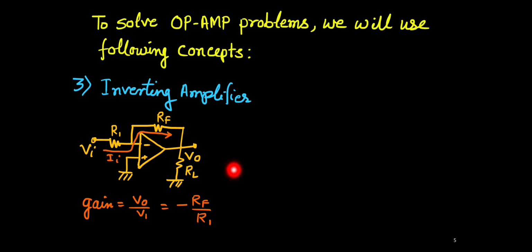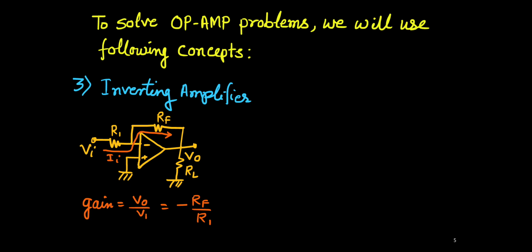In that case, the gain V0 upon VI is simply minus RF upon R1. This is a very common one that we have discussed in previous lectures, and it does not depend on the load resistance RL. This is important.